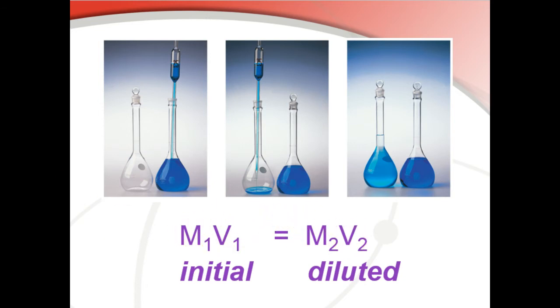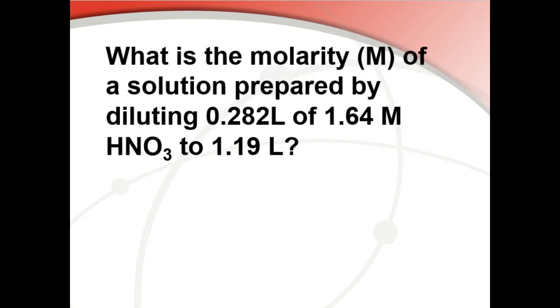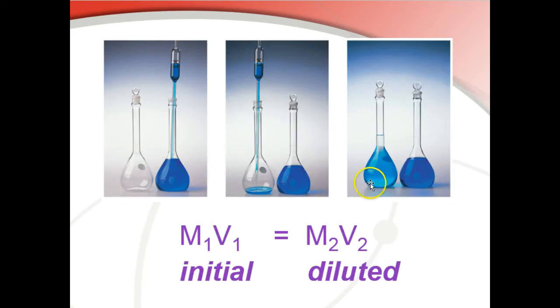So let's look at a very, very quick example of that. The one very important thing that I want to point out is that this is the same solution, right? These two solutions are the same. Never break out M1V1 equals M2V2 for solutions that are different, even though you might want to. And we'll look at that in the next video.